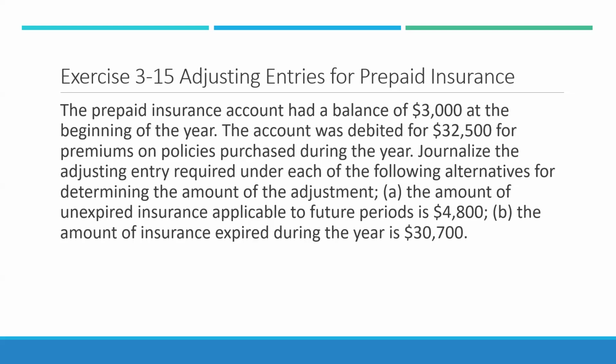Okay, so guys, if at the beginning of the year there was 3,000 in there, and then throughout the year we purchased more insurance and debited prepaid insurance by 32,500, what's our new balance in prepaid insurance? 35,500. So the amount of unexpired insurance applicable to future periods is 4,800. If we want our prepaid insurance to have 4,800 at the end of the year, what's the amount we're going to create as an adjusting entry?